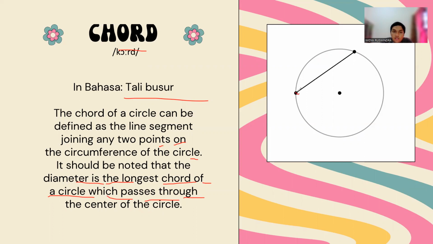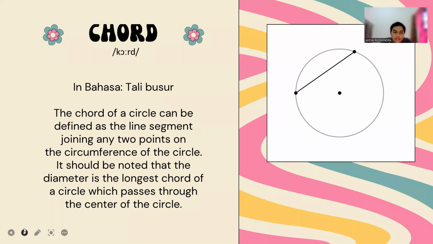So this is an example of a chord from two points, and if the chord passes through the center point, we call this the diameter.